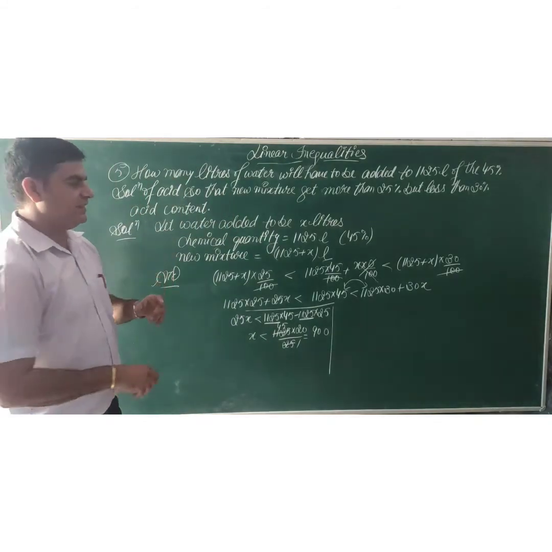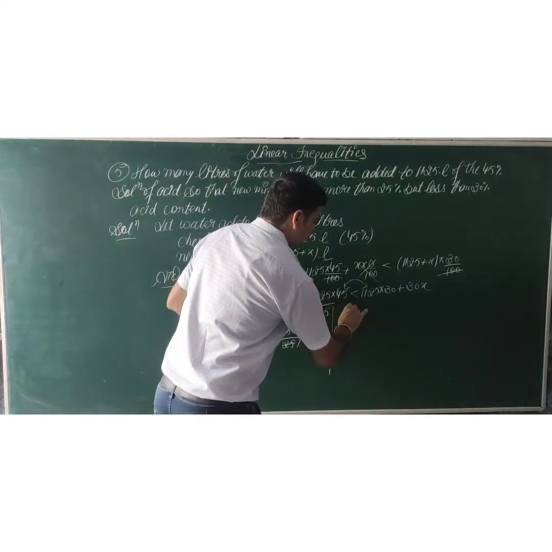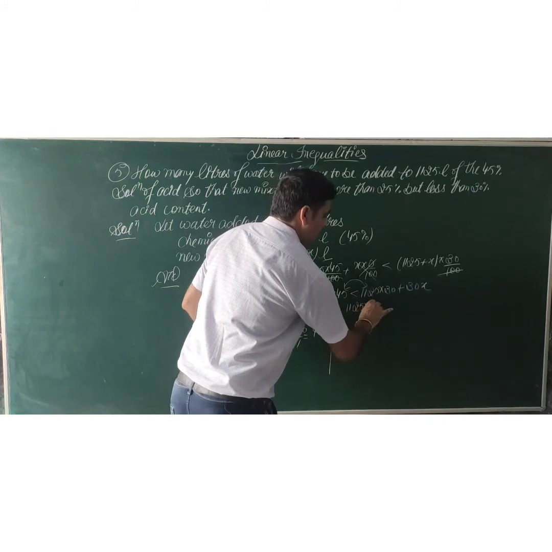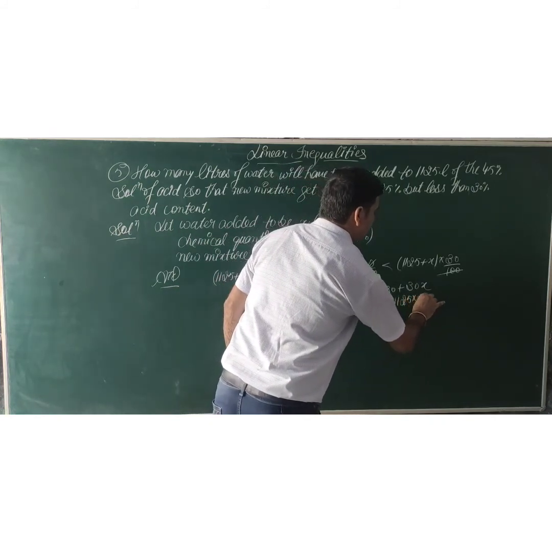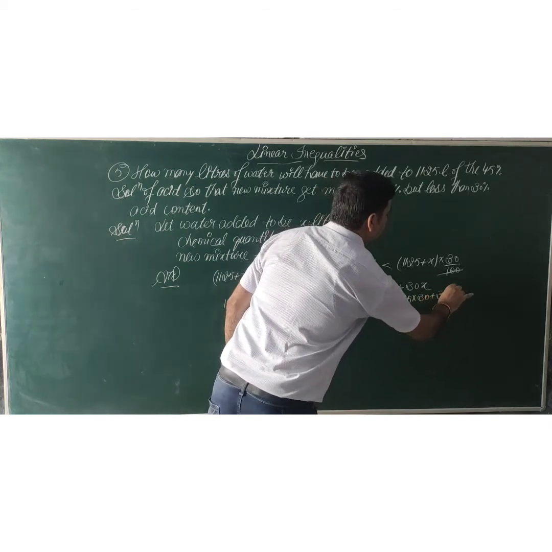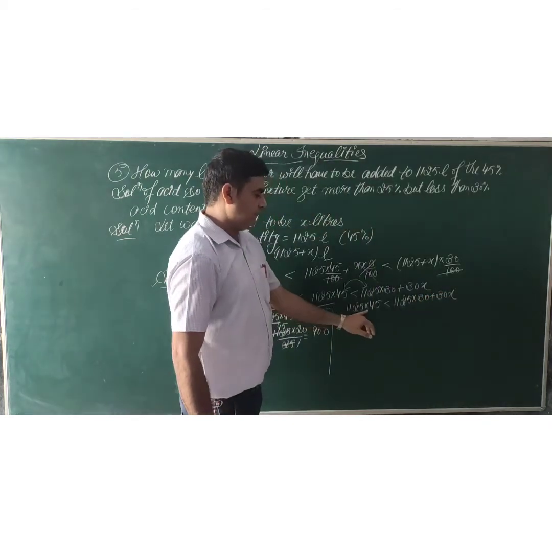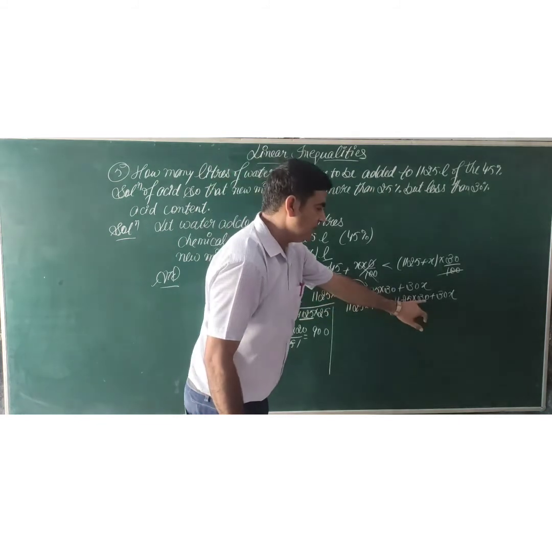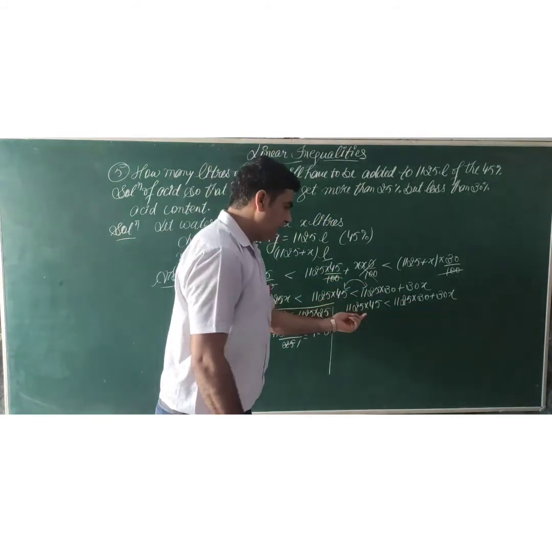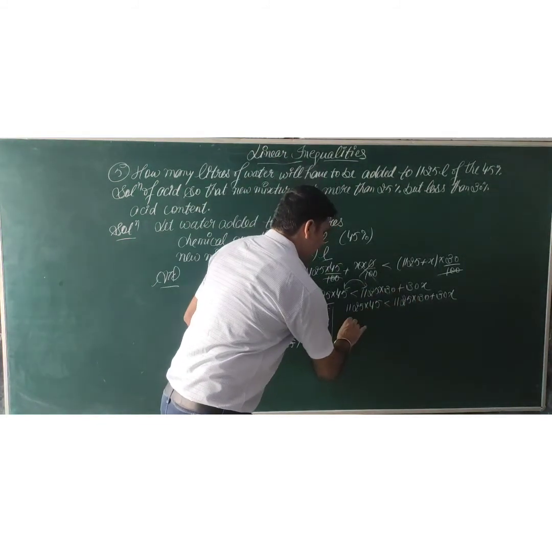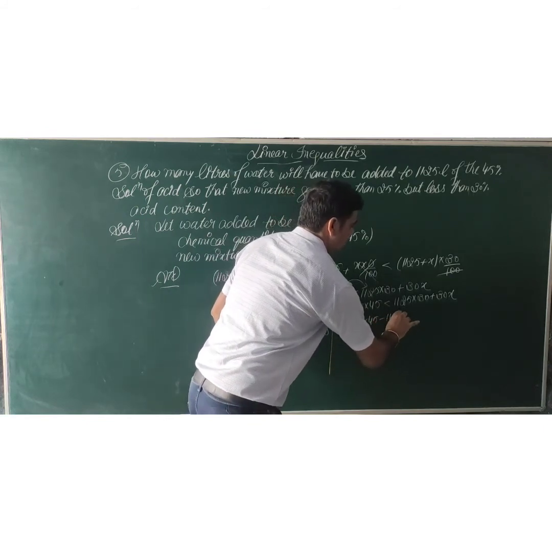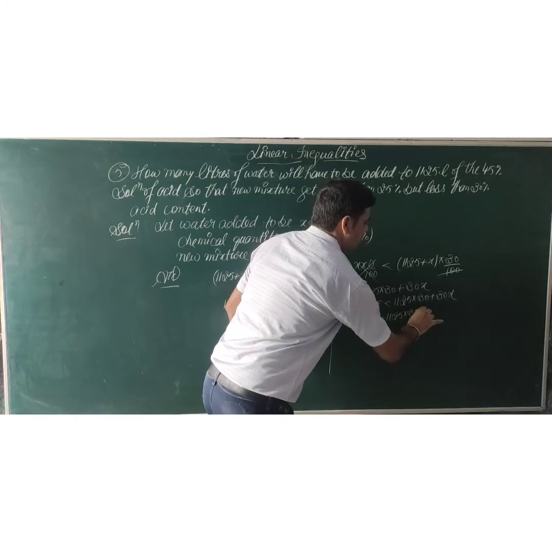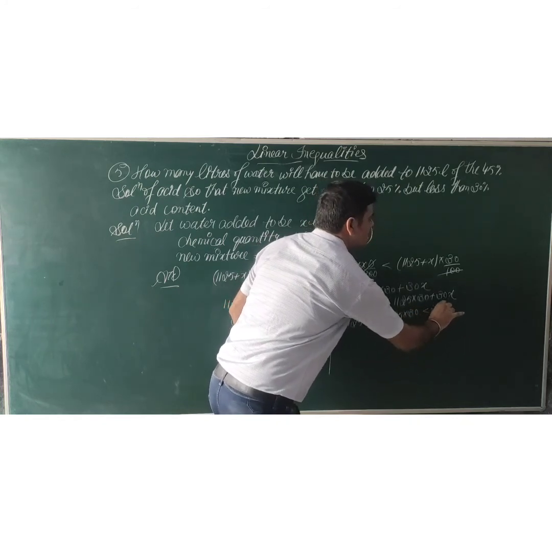Now the other side: 1125 multiplied by 45 is less than 1125 multiplied by 30 plus 30x. Here 45 times is on the left hand side and 30 times on the right hand side; this is the bigger side. Shifting to the left, we get 1125 multiplied by 45 minus 1125 multiplied by 30 should be less than 30 times x.